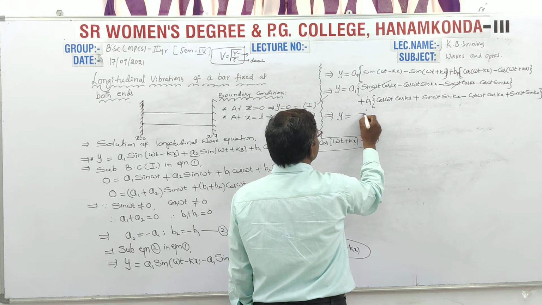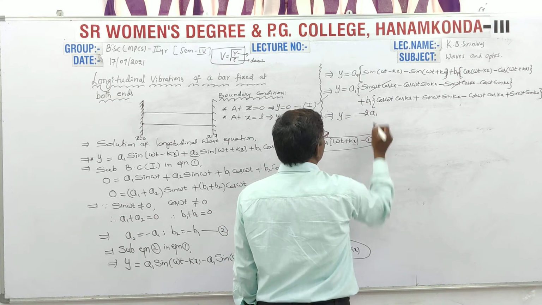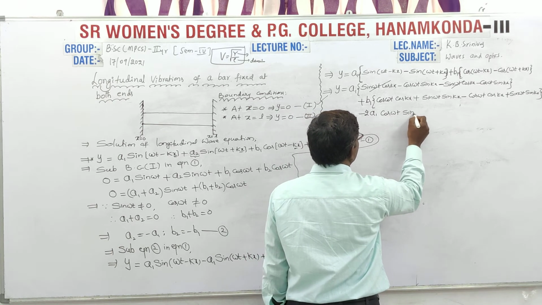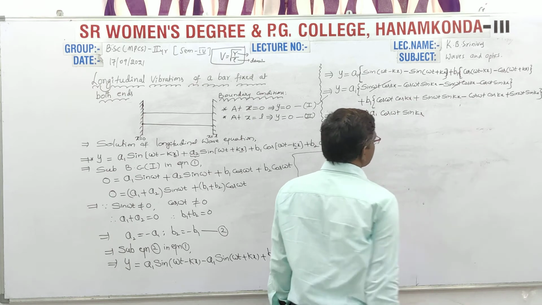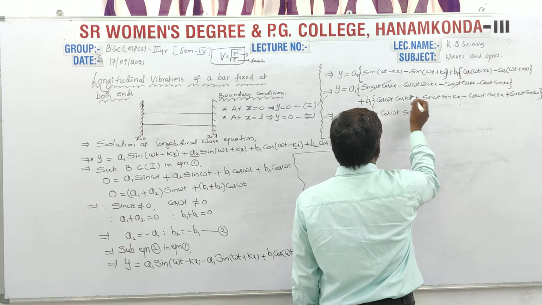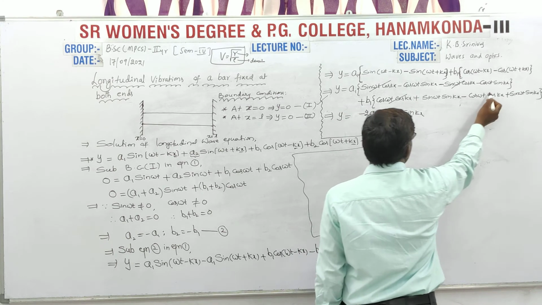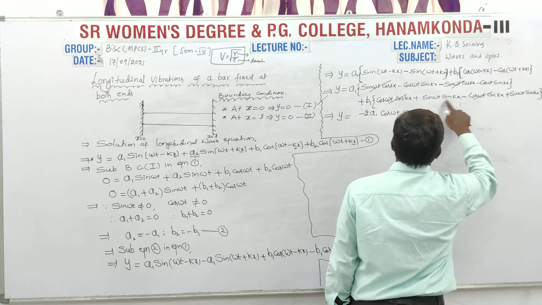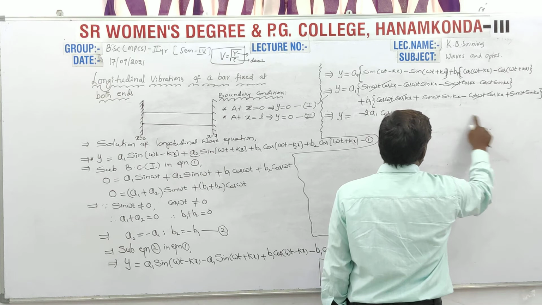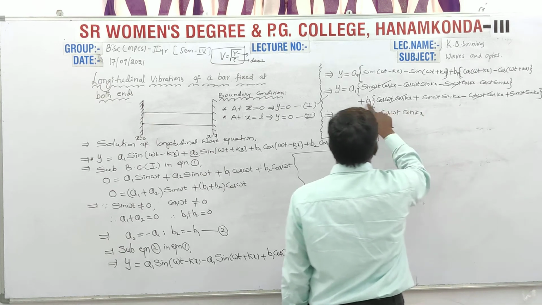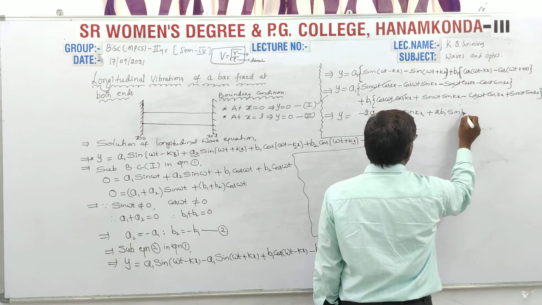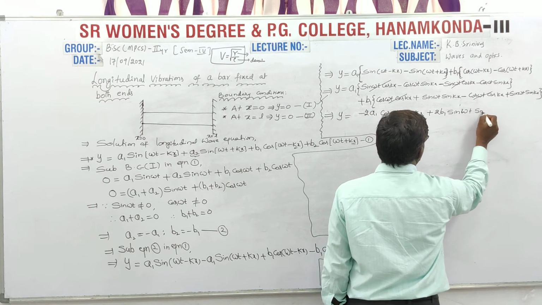Here I am taking minus 2 cos omega t sin kx. Coming to the second term, this is minus cos omega t cos kx, this is plus cos omega t cos kx, gets cancelled. So these two terms will be added. So already here we are having b1. So it becomes 2b1 sin omega t sin kx.